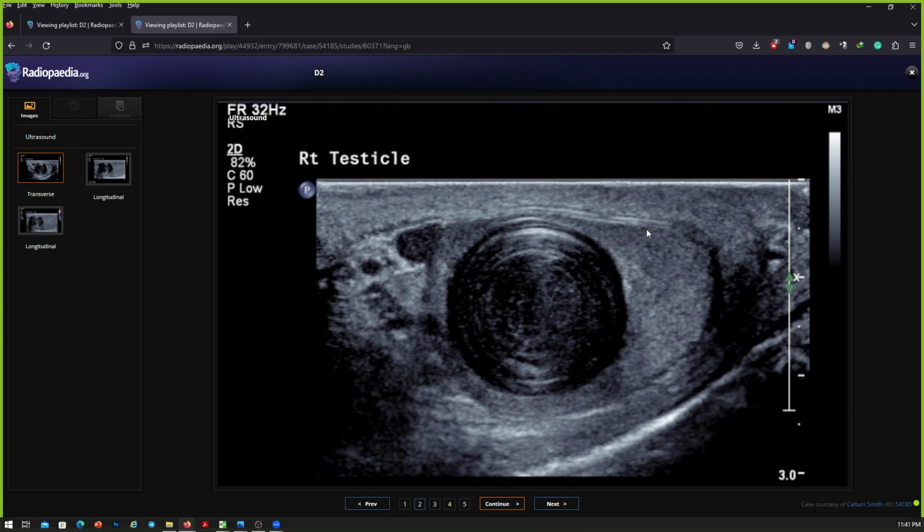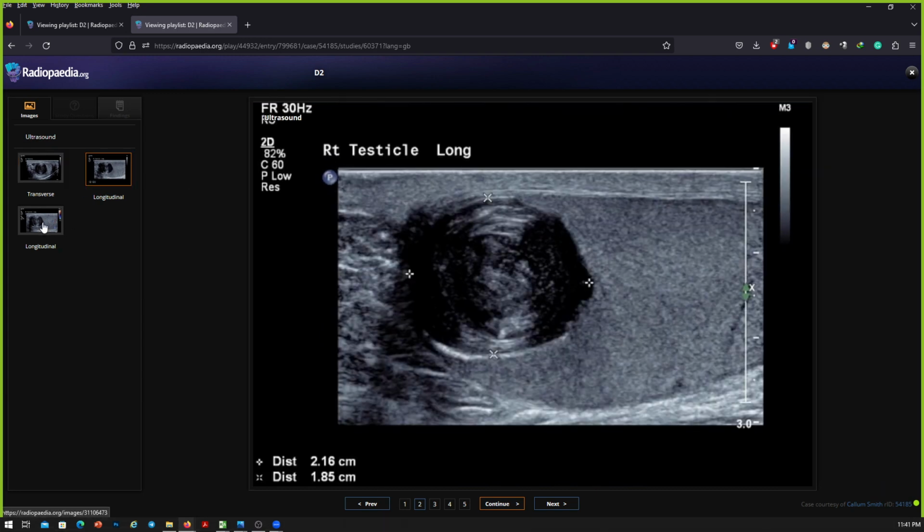So this is a classic case for intratesticular dermoid cyst. I would like to complete scanning the other views of the ultrasound and check the left side.